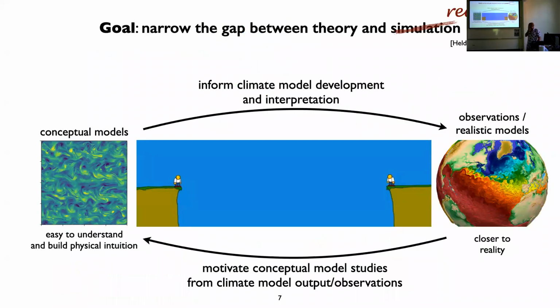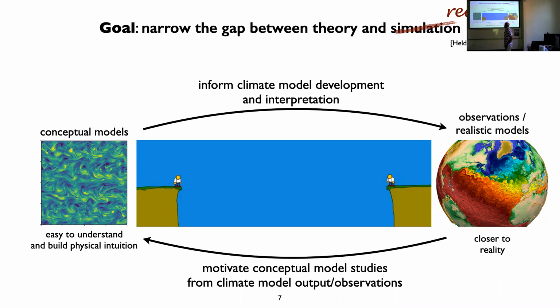But what I found is very important is this two-way interaction between very simple conceptual models that can be used to inform realistic model development, or the other way, you're looking carefully at solutions that you get from these models that are very close to reality, and then this can motivate you to think of new simple conceptual models that will help you build intuition.